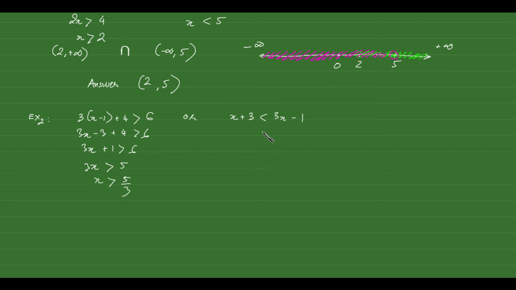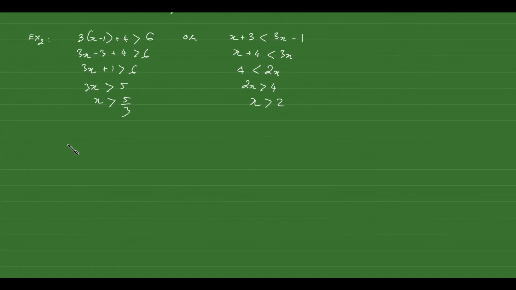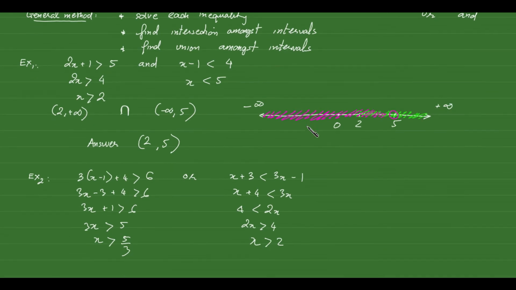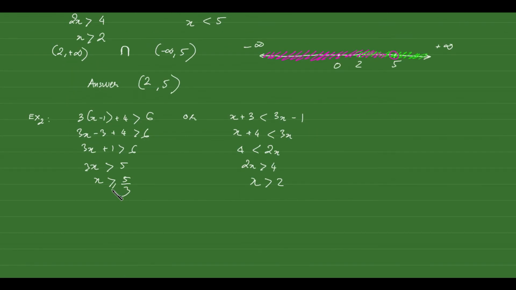And this other one gives x plus 4 less than 3x, so 4 less than 2x, meaning 2x greater than 4, so x greater than 2. And we want to find the union. So we go ahead and put it in interval notation first. This is greater than 5 over 3. I think I'm going to change this a little bit here into equal.